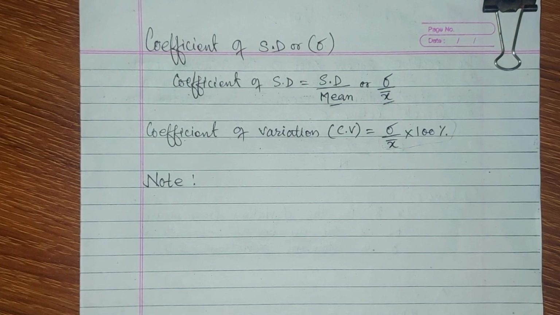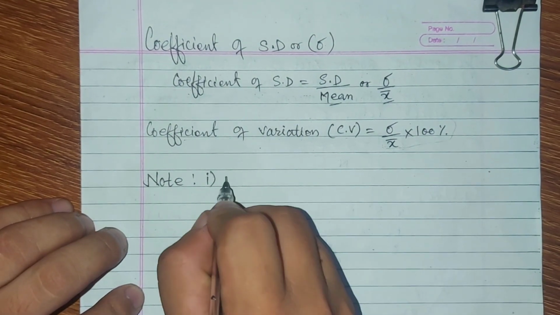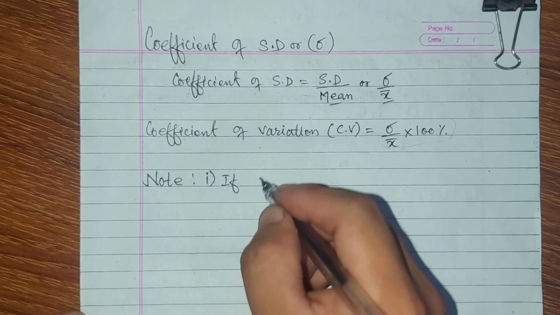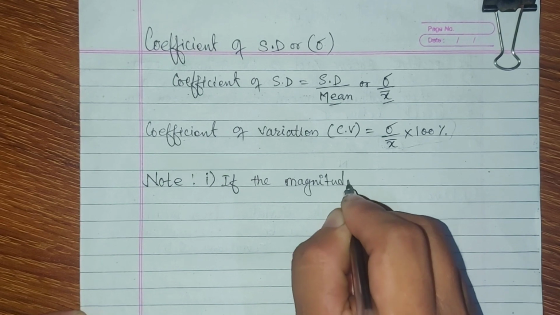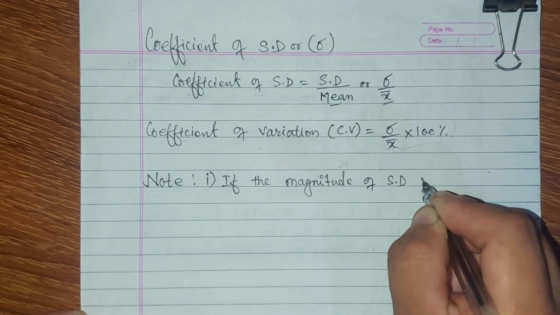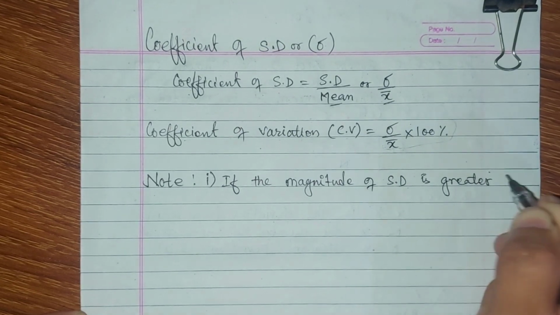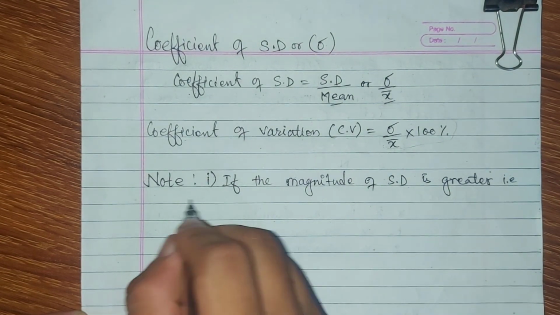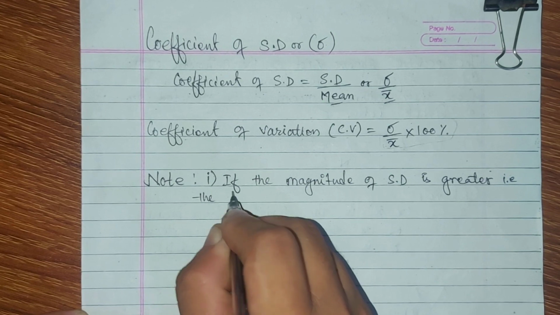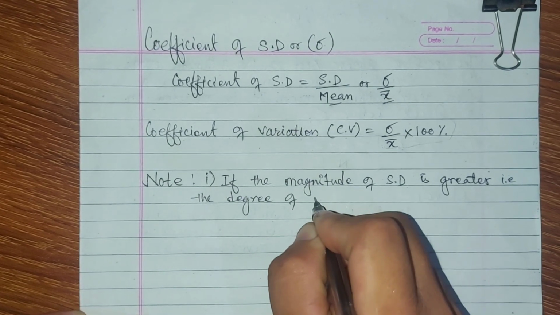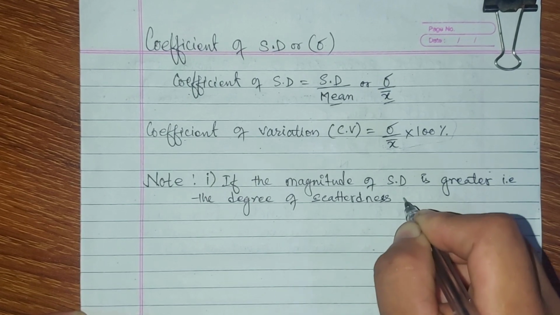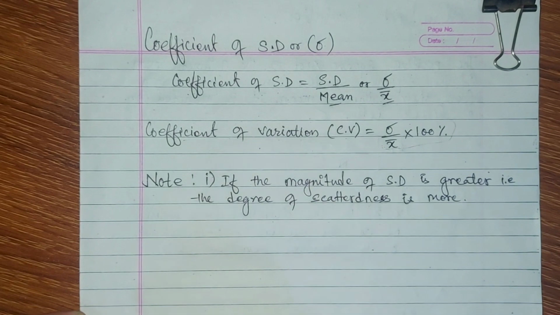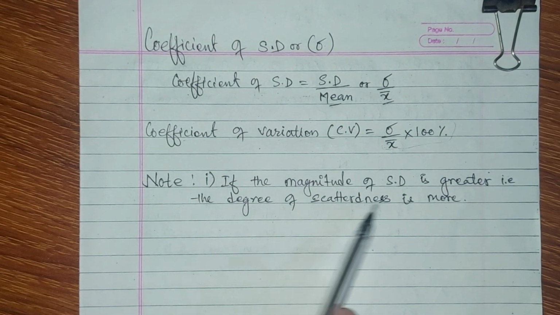Next is note. If the magnitude of standard deviation is greater, so that the degree of scatteredness is more.